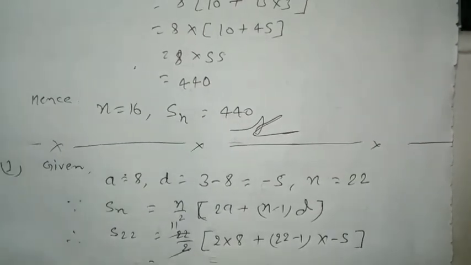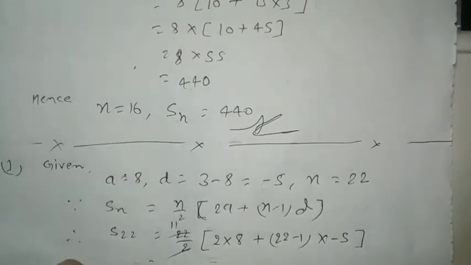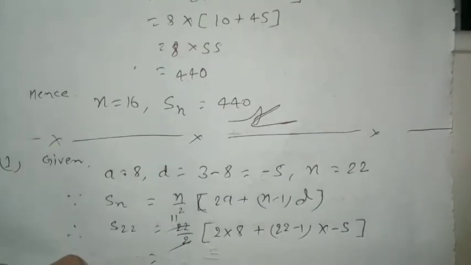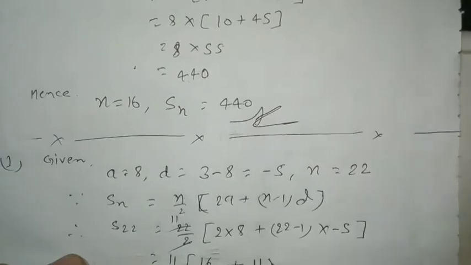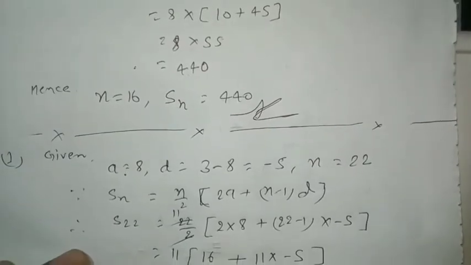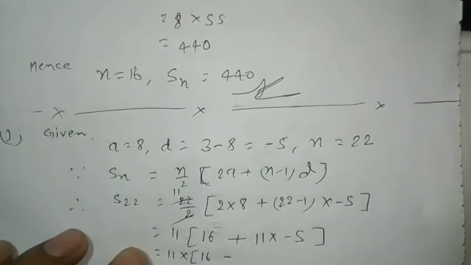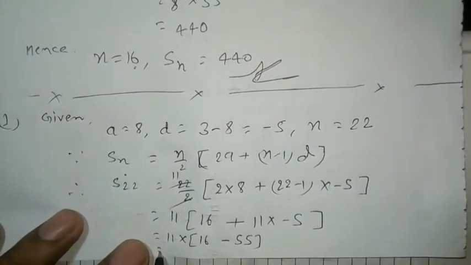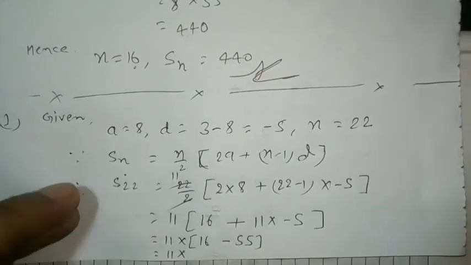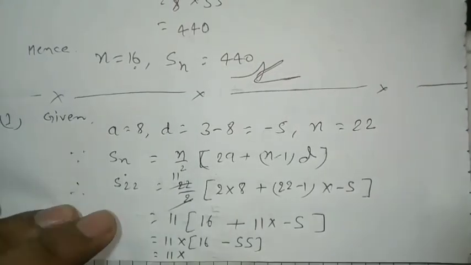We divide 22 by 2, then we get 11. So 11 into [16 plus 11 into minus 5]. 11 into 16 minus 55.